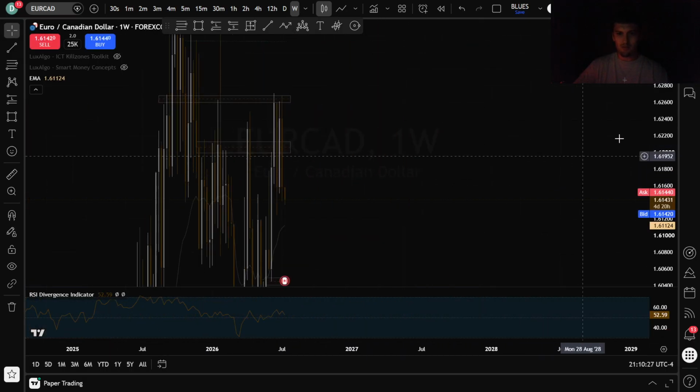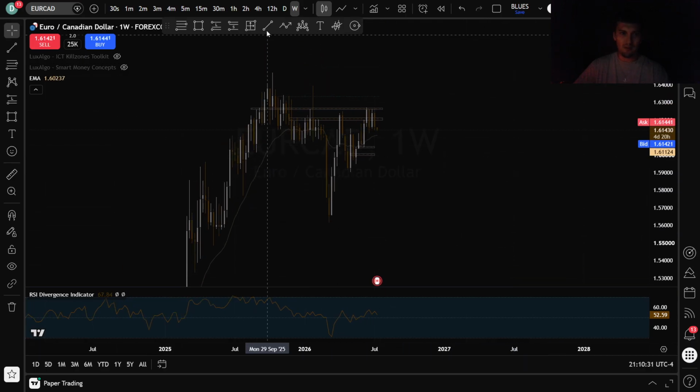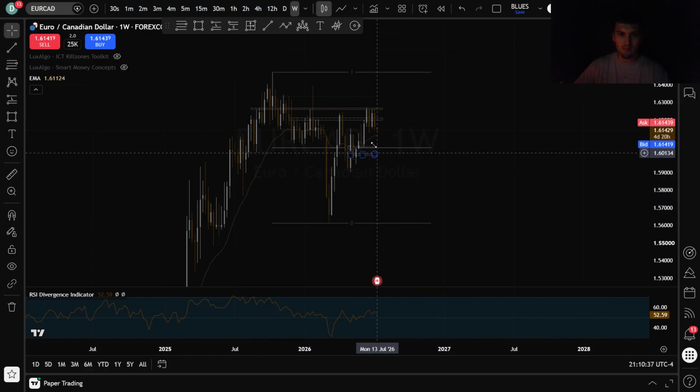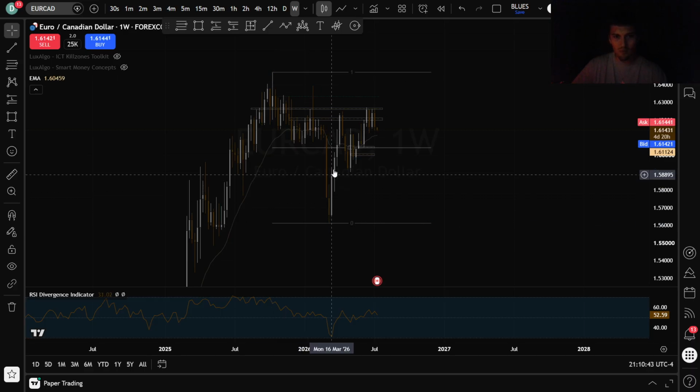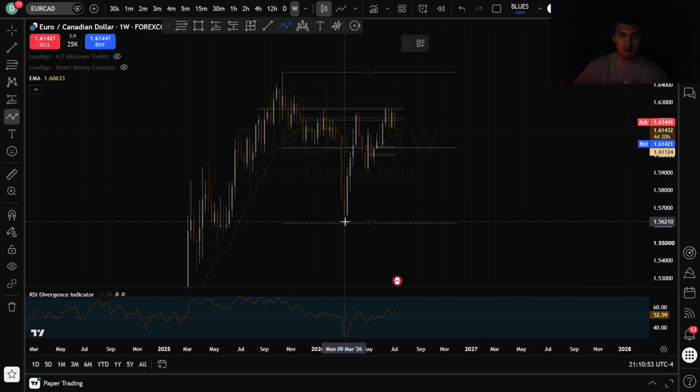So let's go to the weekly time frame. We are very choppy. We are consolidating right now, very big. We're consolidating between this high point and this low point. We're just going down, up, down, up, down, up, and there's not really an established trend here that I like.